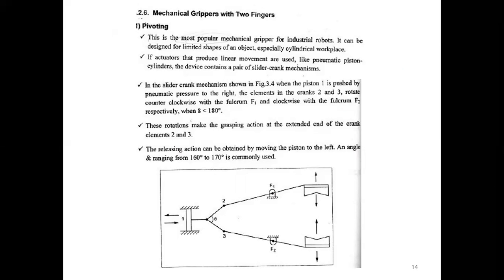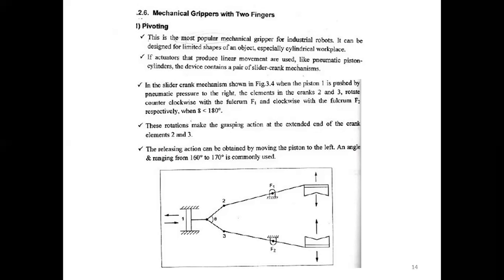This is a mechanical gripper with two fingers. This is the most popular mechanical gripper for industrial robots. It can be designed for limited shapes of objects, especially cylindrical workpieces. If actuators that produce linear movement are used, like pneumatic piston cylinders, the device contains a pair of slider crank mechanisms. In the slider crank mechanism, piston 1 is pushed by the pneumatic pressure to the right.